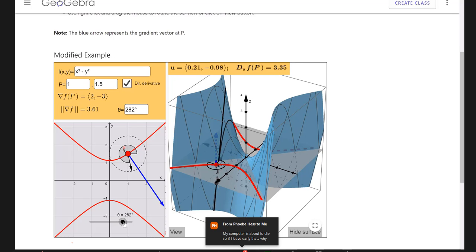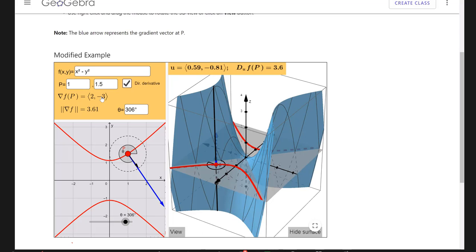It is near that blue line. And what is that blue line, Xavier? So it's pointing in the 2, -3 direction. That is our gradient at that point. So that's the gradient at the particular point we're at.